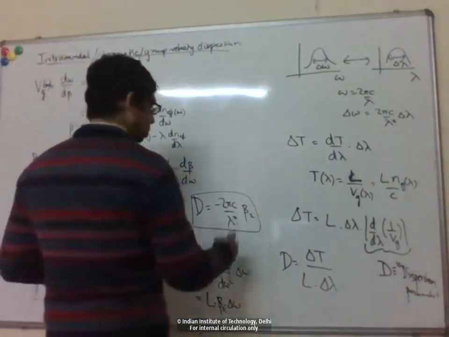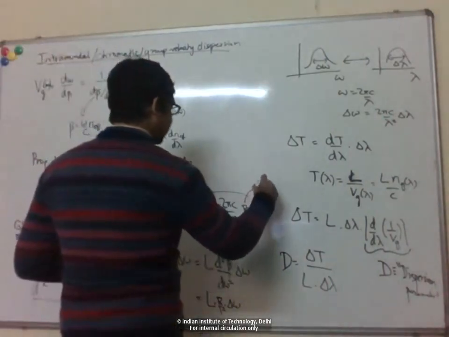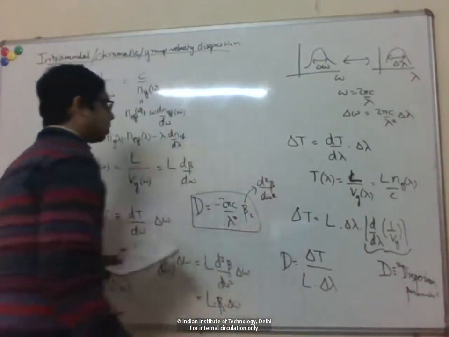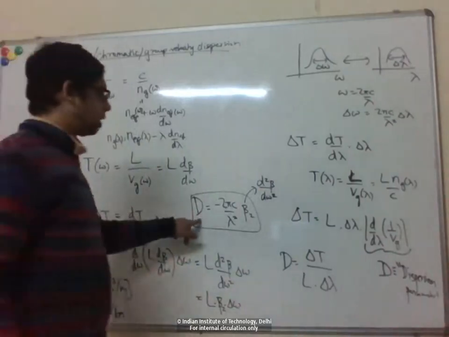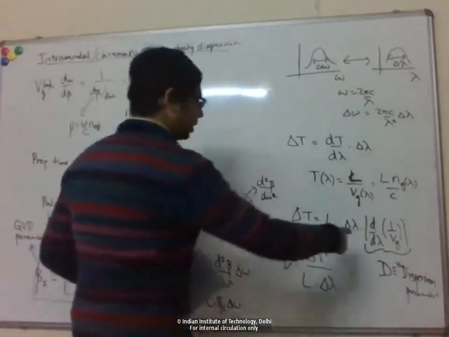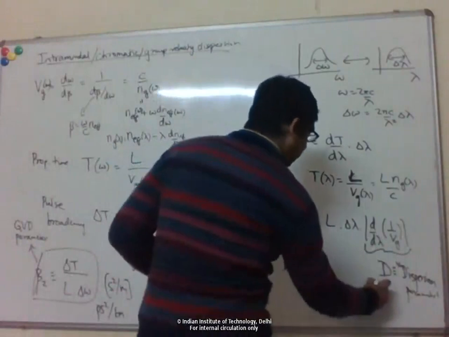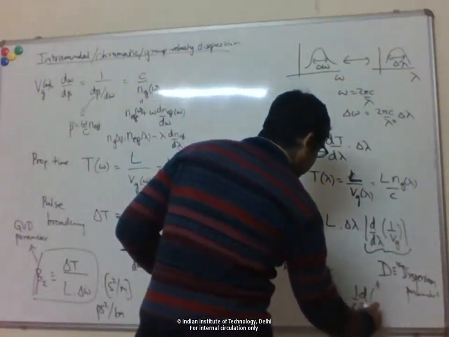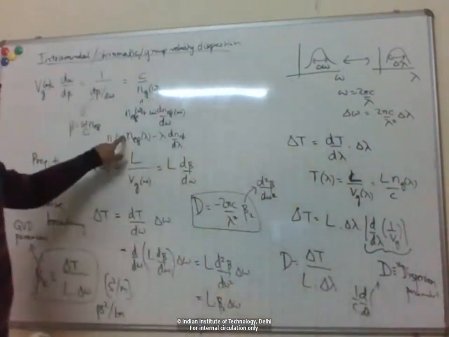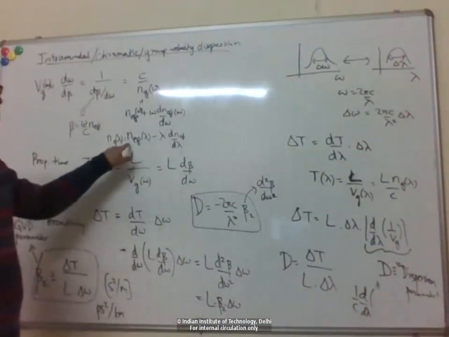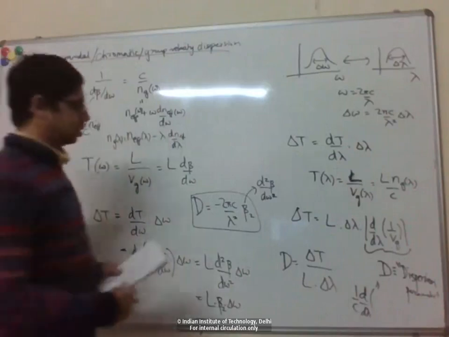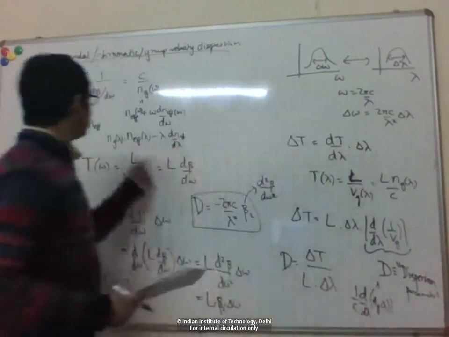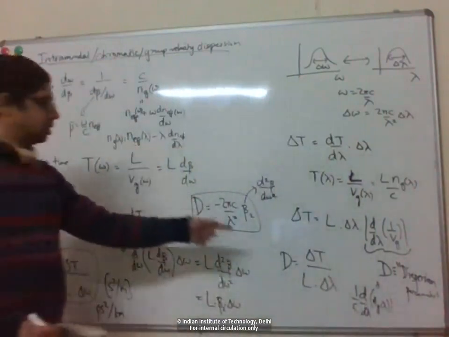Right. So recall, this beta 2 is the second derivative of beta with respect to omega. And D is in wavelength. So basically, D is this, or equivalently, 1 over C d over d lambda of Ng of lambda. And we can use this expression for Ng of lambda.